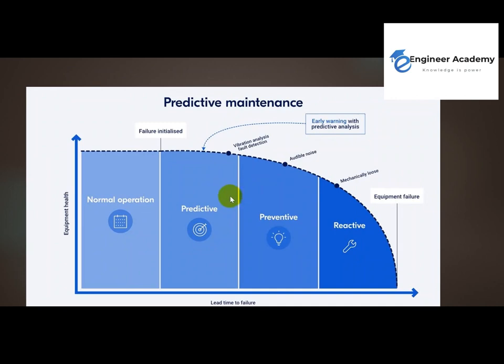Then, when predictive maintenance predicts the failure, this curve represents the normal life here, and the failure starts at this point. When the failure starts, equipment health, here on the y-axis, starts to go down or decrease.